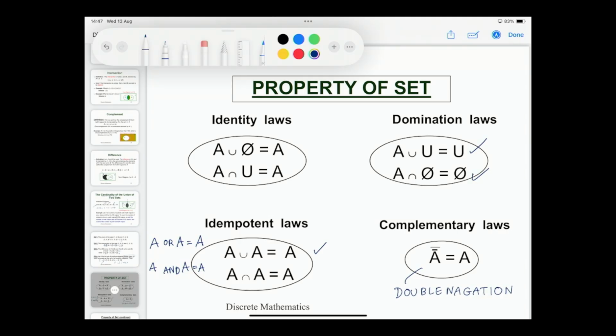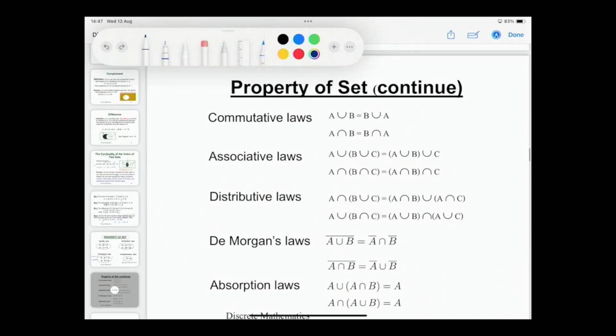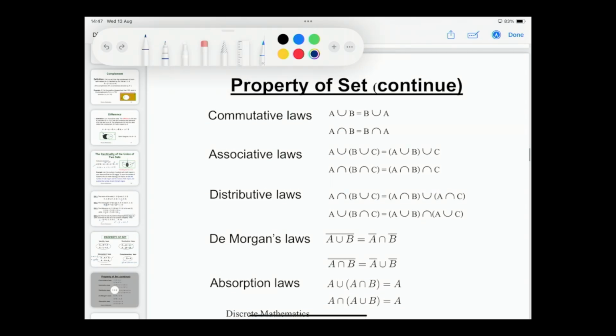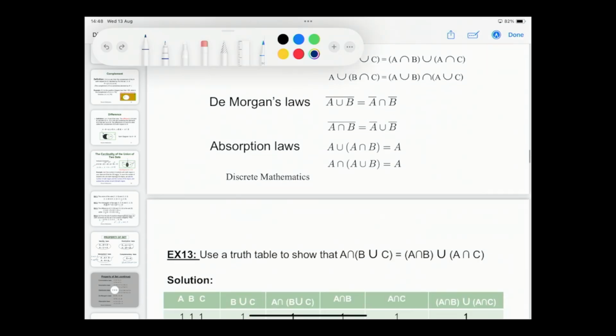Not of not A is A. And these are the laws for the set operation, right here. Very much about the logic that we discussed last week.